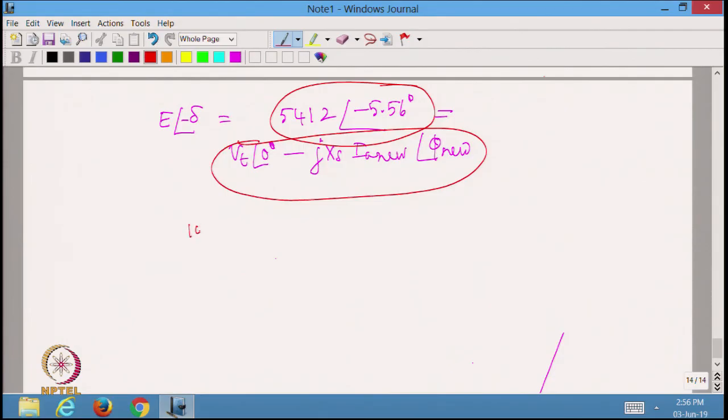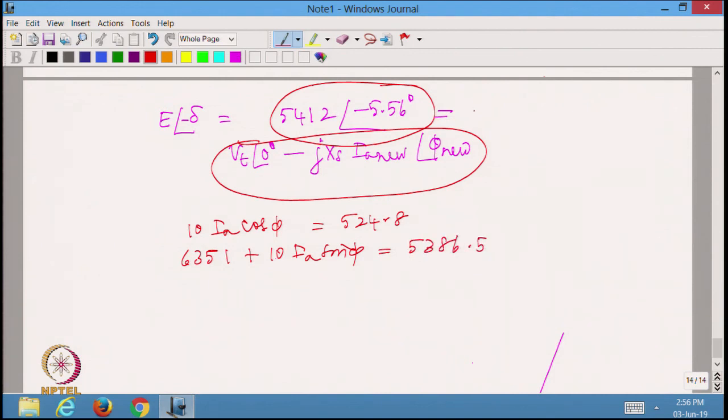So, I would say 10 Ia cos phi happens to be 524.8 and 6351 plus 10 Ia sin phi happens to be 5386.5. What I mean is this will be equal to 5386.5 minus j 524.8.